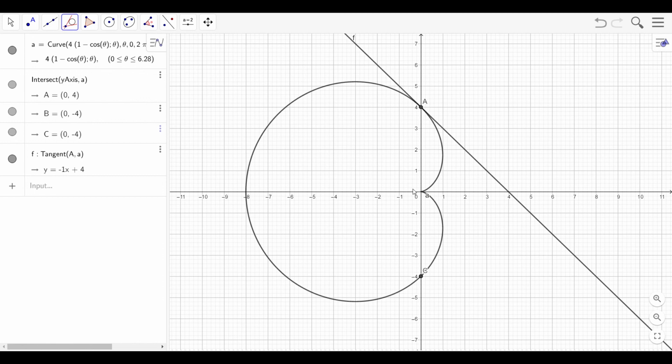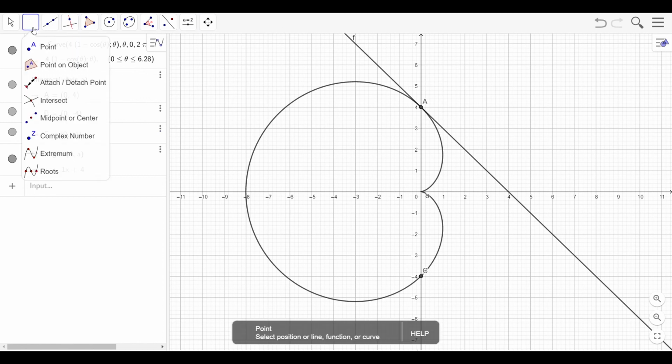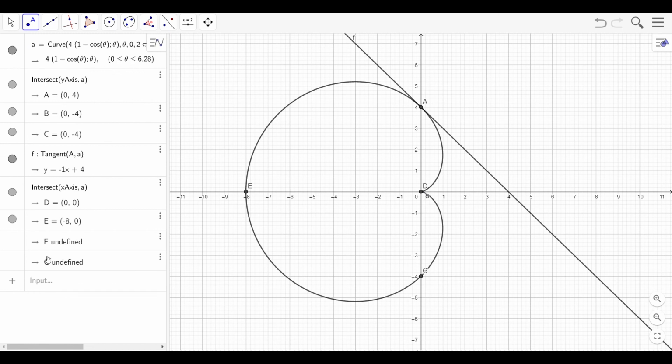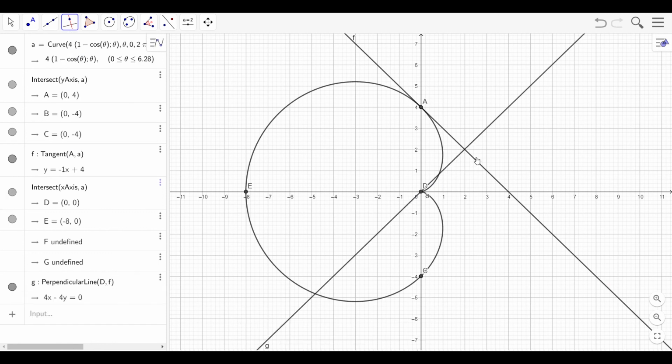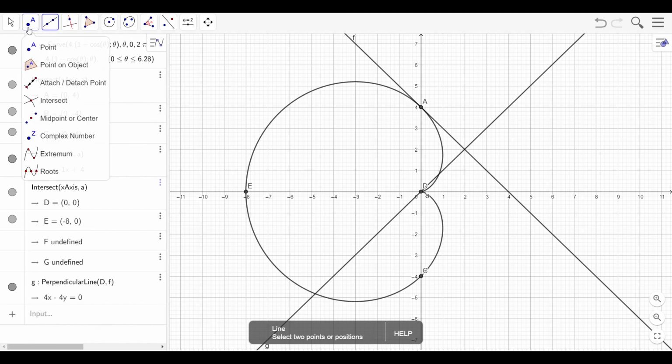This is the pole. Mark the point O, which is (0, 0). Now you drop the perpendicular from O to the tangent. So this is a perpendicular. Now you measure this distance. So intersect these two curves.